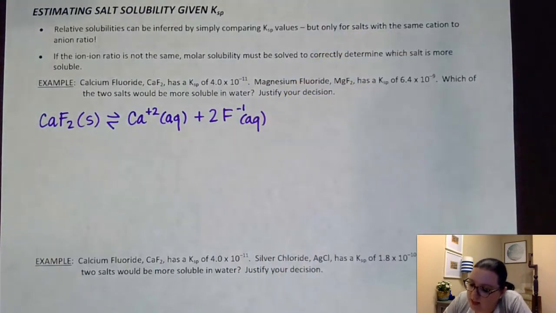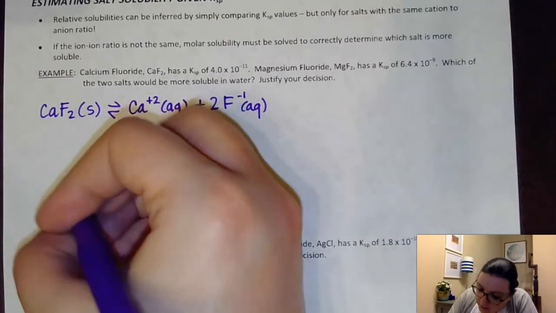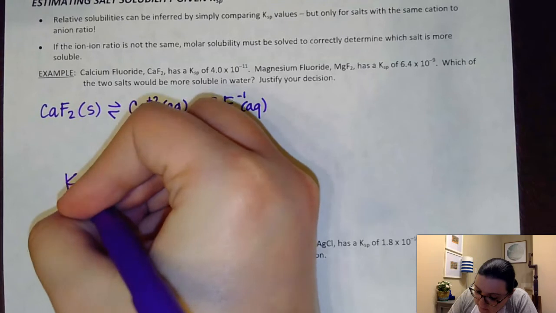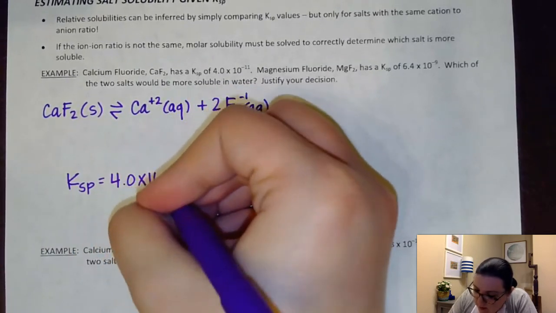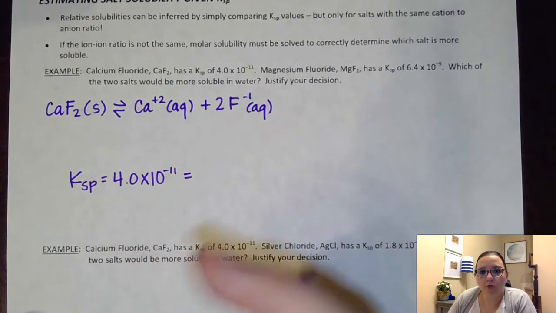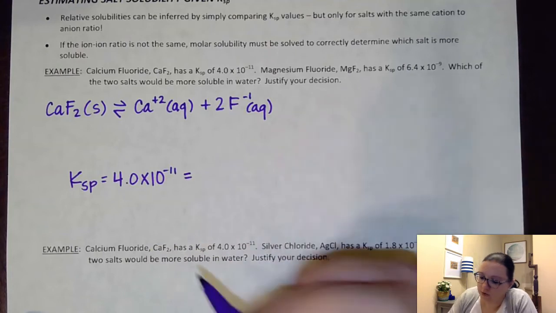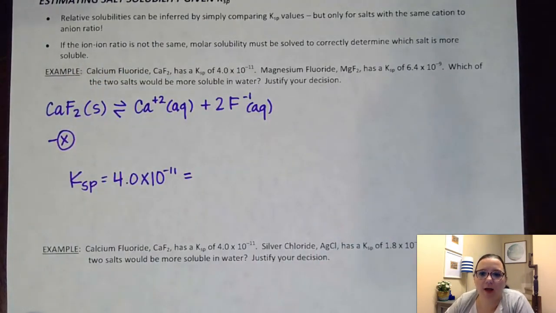They tell us that calcium fluoride has a Ksp of 4.0 times 10 to the negative 11th. But I want to think about the molar solubility, which one would dissolve more. Remember, that's how much I'm losing of this compound. So I need to figure out my x.